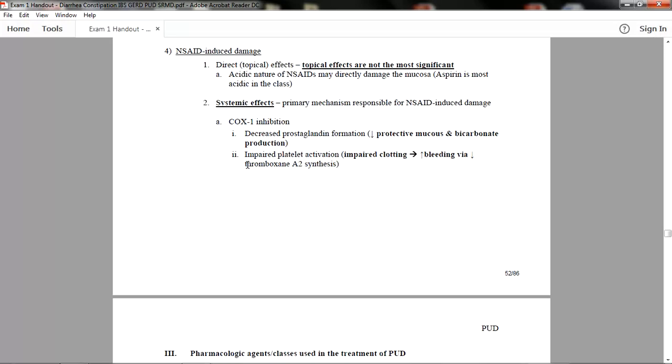Specifically, they're antiplatelet drugs. So they block, because thromboxane A2 is in the same pathway as prostaglandins. It is a prostaglandin. Blocking thromboxane A2 production actually blocks platelet activation. So you have a really big problem with bleeding in that scenario.